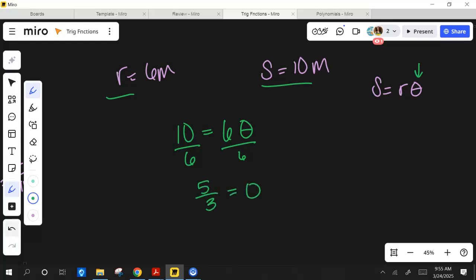You don't necessarily have to have a pi. It can still be in radians. So here's my answer in radians, because anytime I use this little formula, it's always radians. What if I asked you, and this is where it's going to get confusing, so you have to understand backwards and forwards, what is your angle measure in degrees?